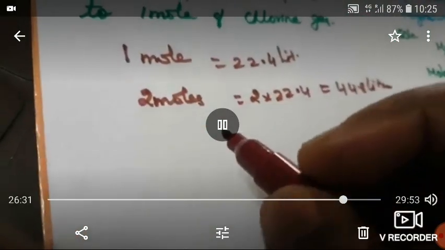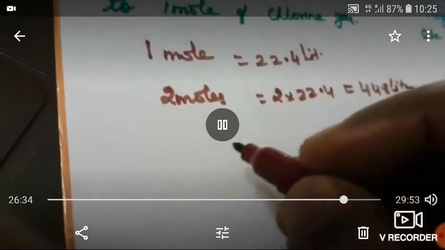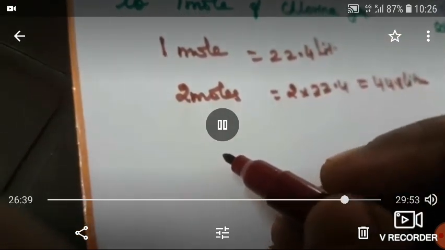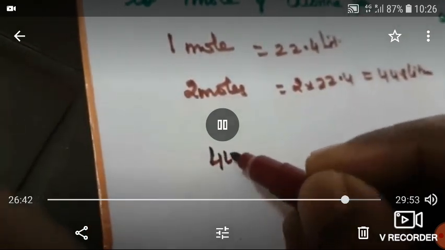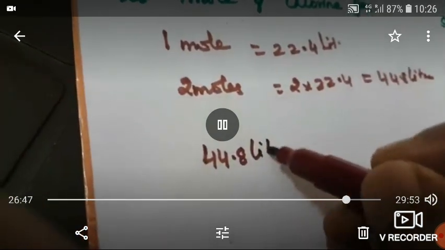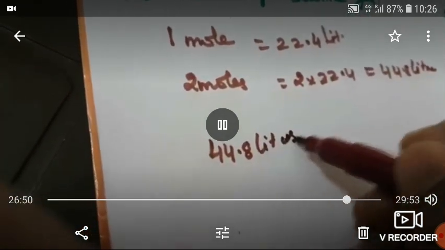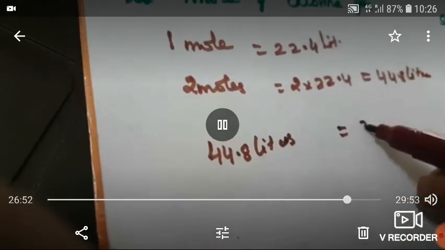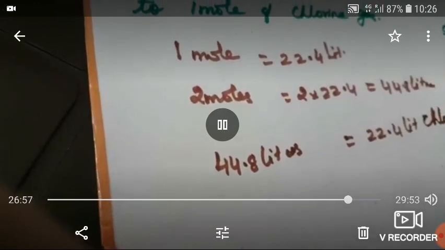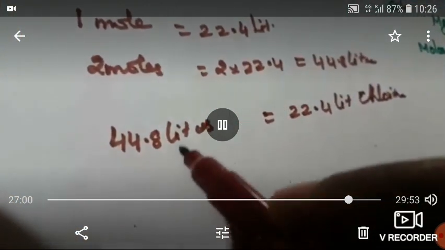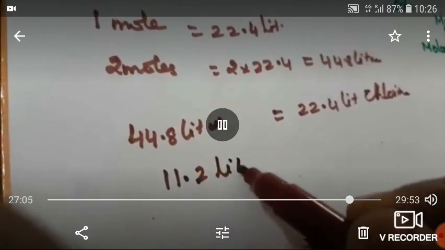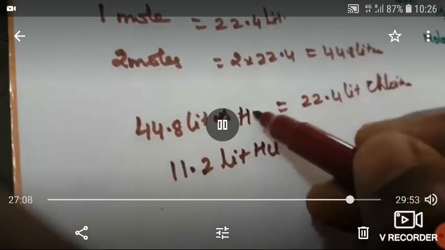So now we can calculate. 44.8 liter of hydrochloric acid requires 22.4 liter of chlorine gas. So 11.2 liter of hydrochloric acid requires how much?